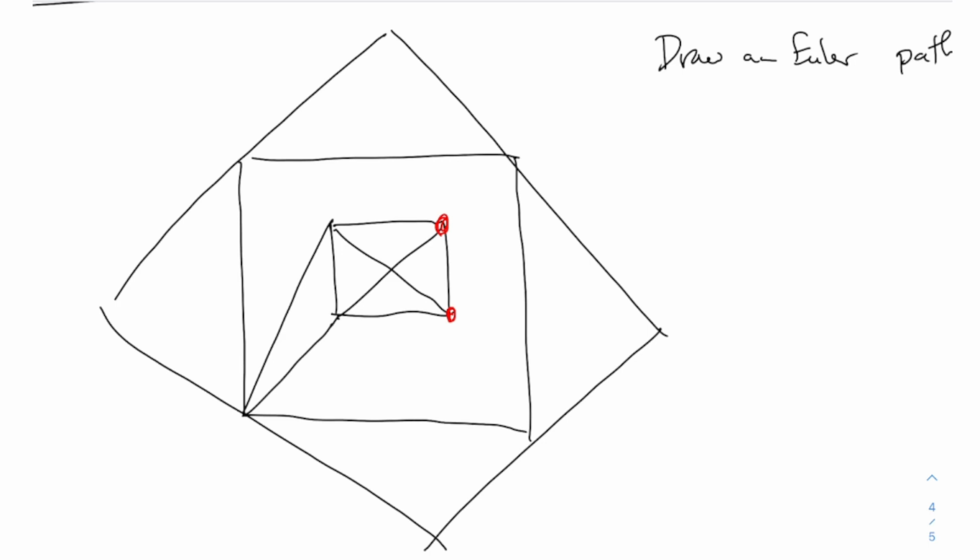Maybe I'll start at the upper one. And then I have to go across every edge without duplicating edges. And I've got to cover all of them. So we think of it still in terms of bridges, right? Maybe I'll come down here and up there, down like that.